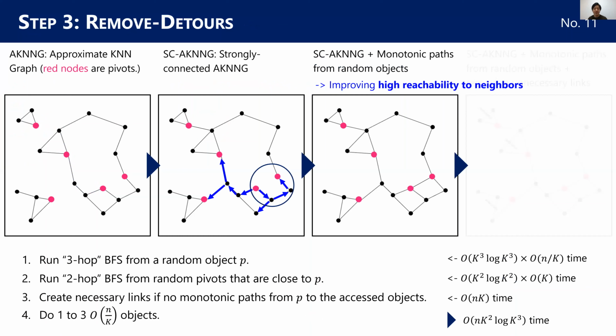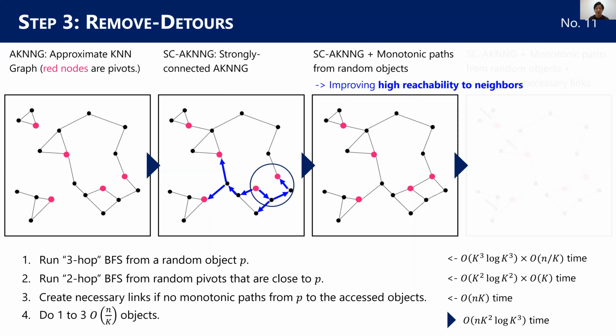In the third step, we make monotonic paths. Given a random object P, we run 3-hop BFS from P. Then we run 2-hop BFS from random pivots that are close to P. We then create necessary links if we have no monotonic paths from P to the objects accessed during the BFS.